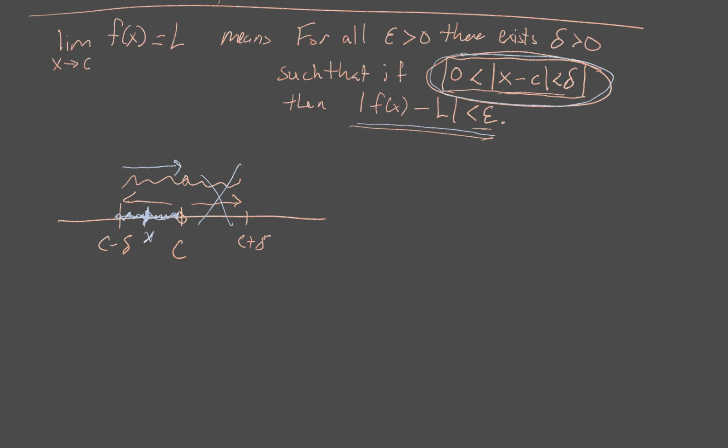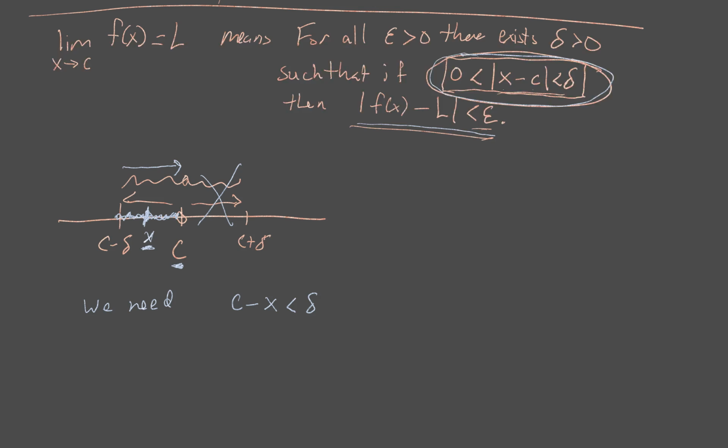What I want then is the distance between x and c to be less than delta, right? But I want c to be bigger than x. So for c to be bigger than x and the distance between them to be less than delta, we need c minus x to be less than delta, right?